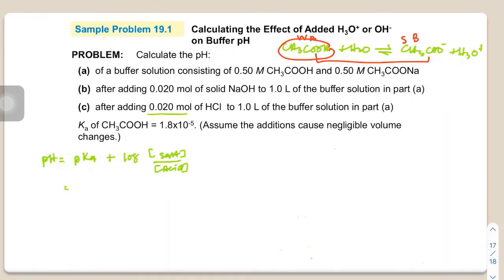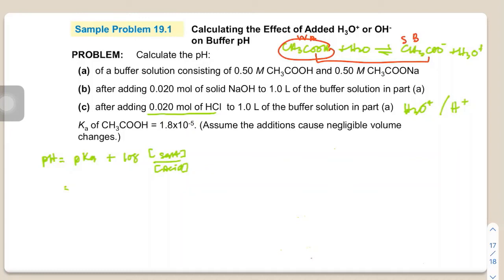What is the pH after the addition of 0.02 mole of HCl to 1 liter of the buffer solution? So when HCl is added, we know that what is being added to the system is actually H3O plus ion or H plus. So when H plus is added to the system, this H plus will react with the acetate ion.